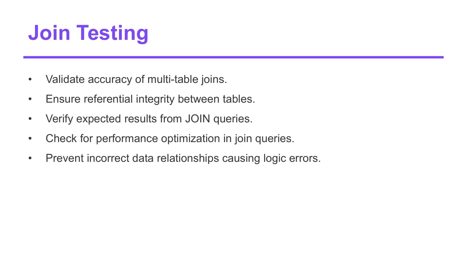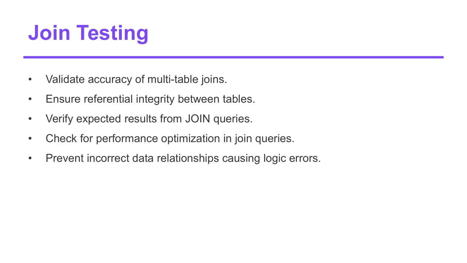When testing join operations, it's important to confirm that multi-table joins return accurate and meaningful results. This means ensuring that the relationships between tables actually follow the defined referential integrity rules, so no mismatched or orphaned records slip through. We also need to verify that the join queries produce the expected data, matching what the business logic requires.